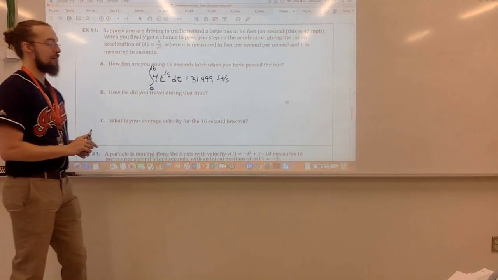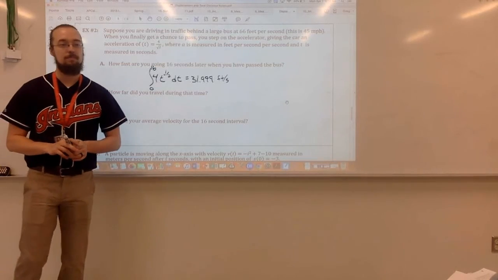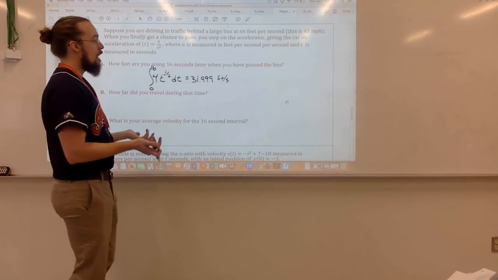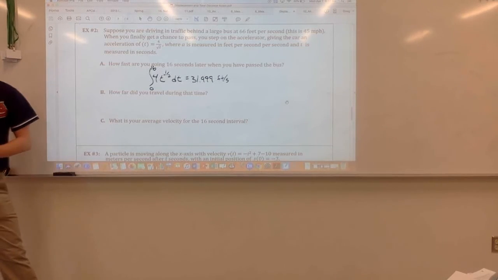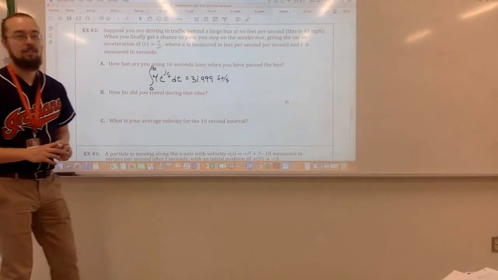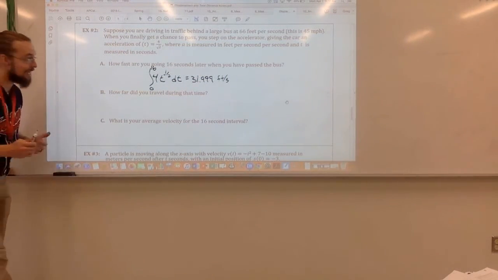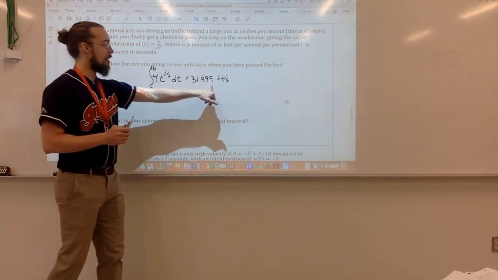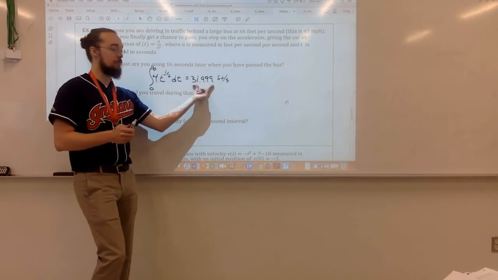Why is it not how fast I'm traveling? Yeah, so how fast was I going at 0 seconds? 66. I started out going 66 feet per second, and then I accelerated. And by the end of 16 seconds, my change in velocity was this much.